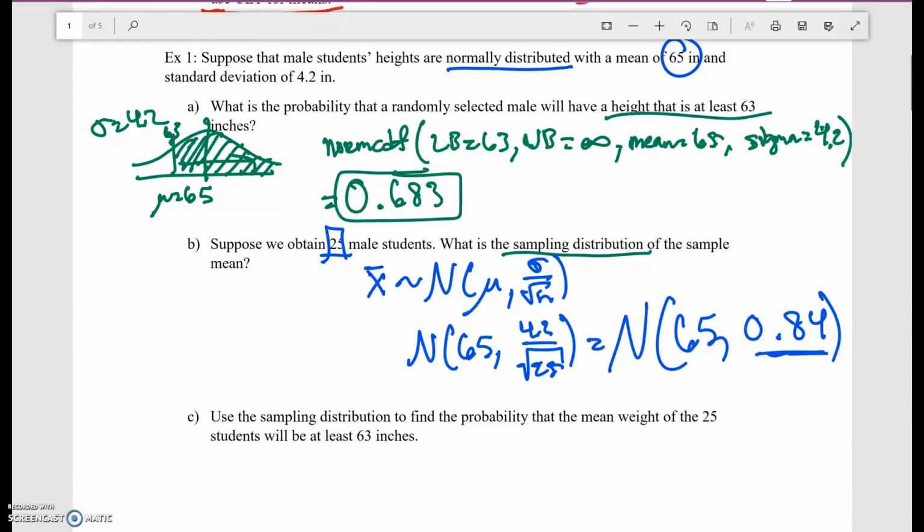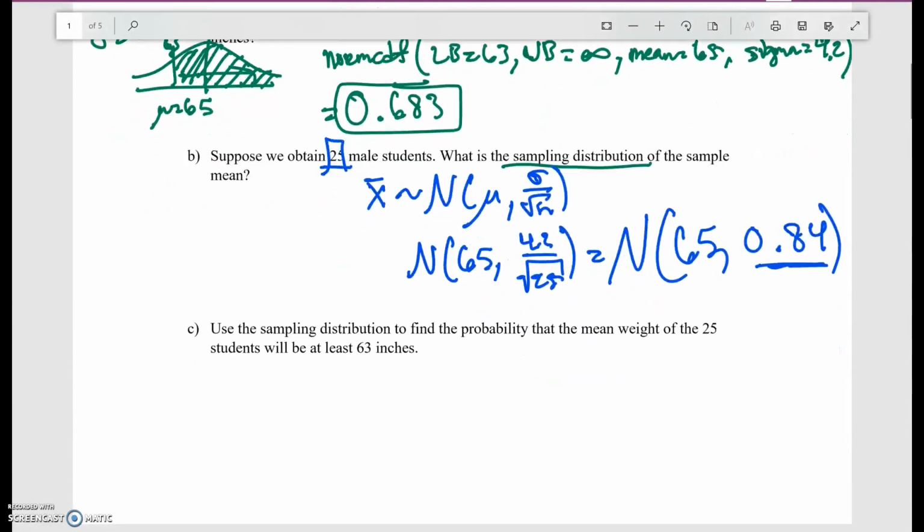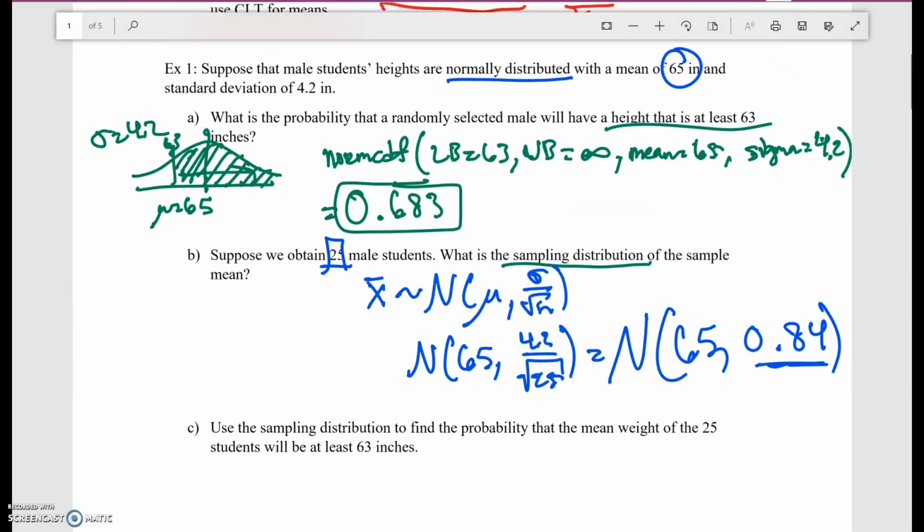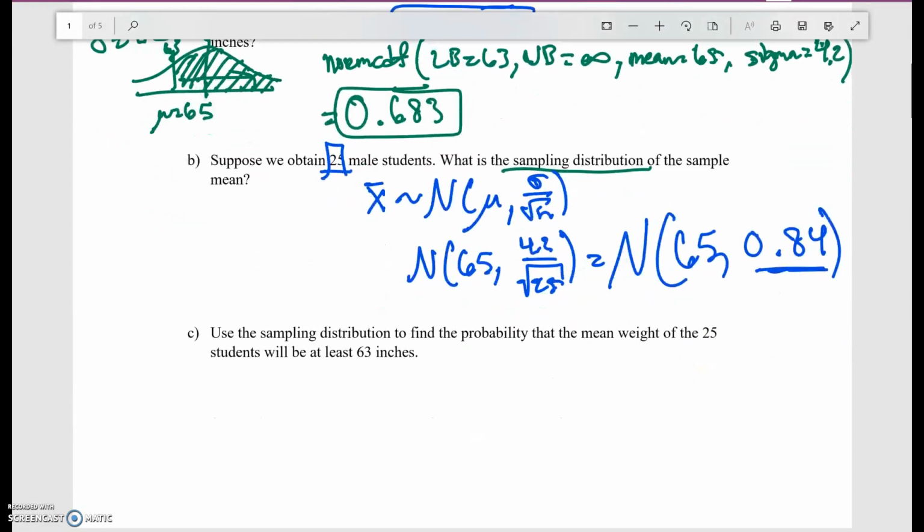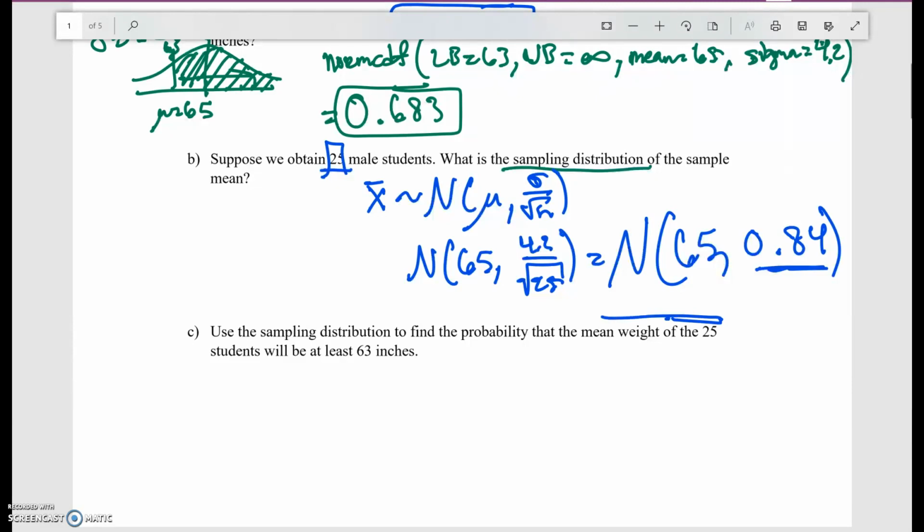So when do I know I have to use this? Well, I will tell you something like this: use a sampling distribution to find the probability that the mean height of the 25 students will be at least 63 inches. This is very different than part A, because in part A, you just randomly selected one male. In this case, you want to figure out the mean height of those 25 people that you got.